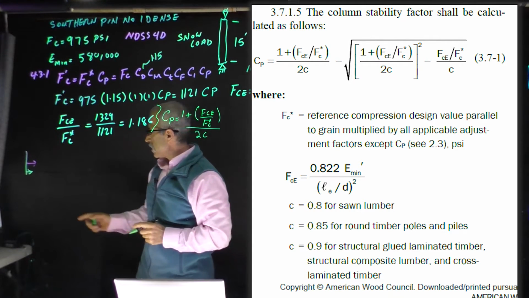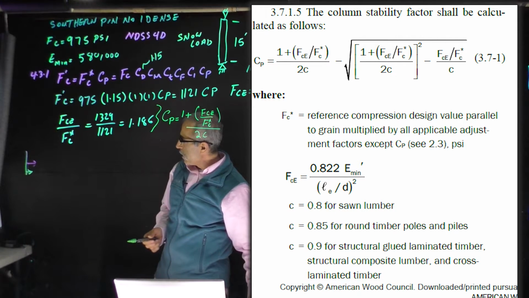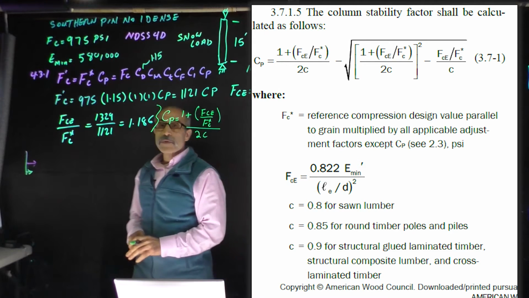And our c is equal to 0.8. If you look at the bottom of section 3.175, it says c is equal to 0.8 for sawn lumber. And that's where we are.